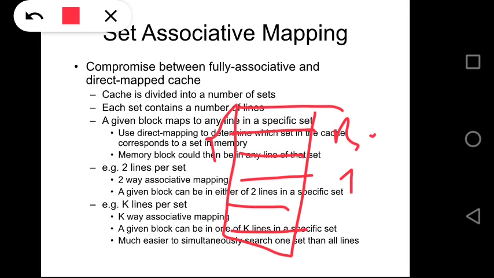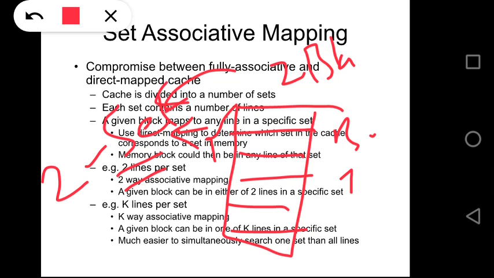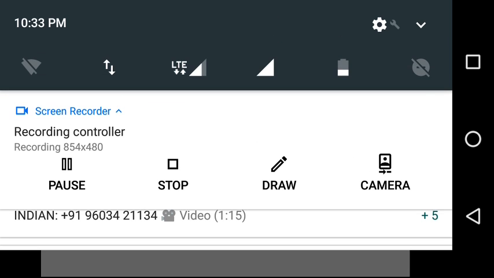Now group the blocks and call them a set. If I group 2 blocks as one set, it is called two-way set associative mapping. There can be k-line set associative mapping, like that. So this is about cache design.